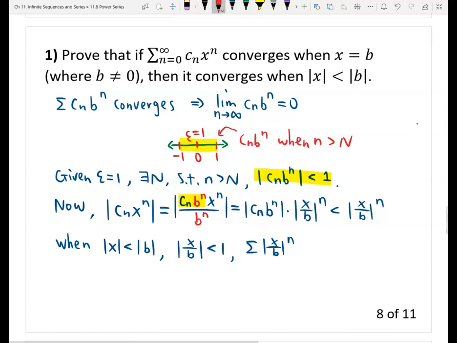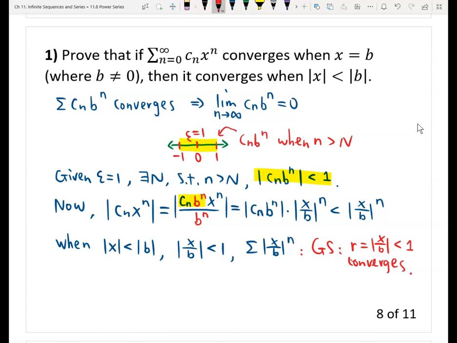This is a geometric series, and r is the absolute value of x over b, the common ratio, less than 1. Okay, therefore what? It converges.